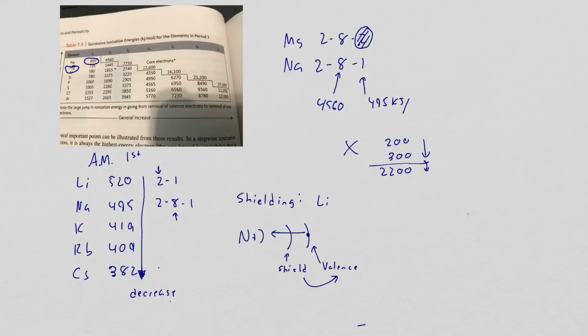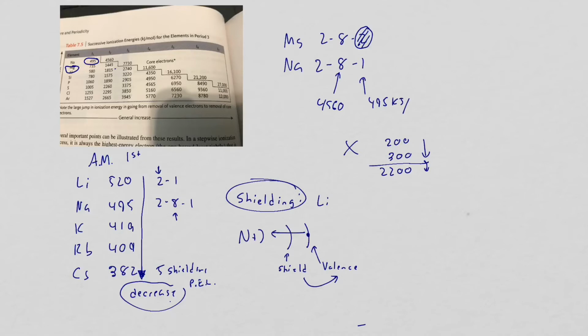It's got 5 shielding principal energy levels, shielding the valence electrons from the pull of the nucleus. I'm not going to write out the whole electron configuration for cesium. So as you get to larger atoms within a column, and I'm talking specifically about a column, if you go down any column, ionization energy is going to generally decrease because of increasing shielding.